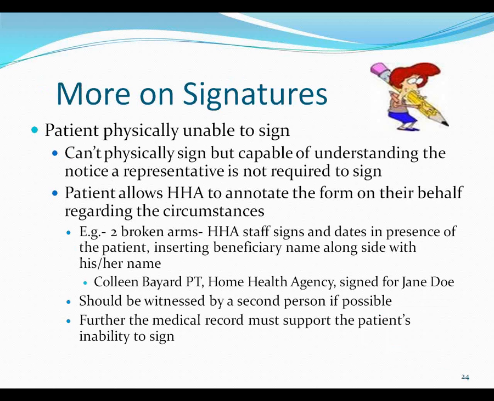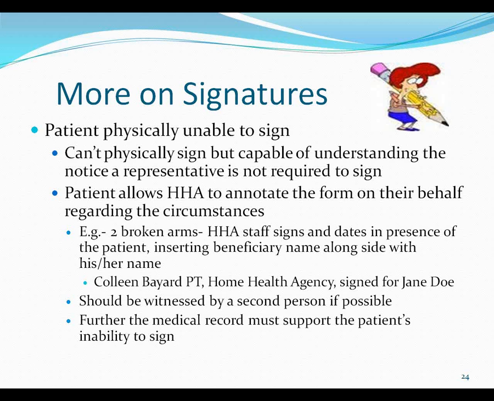If a patient is physically unable to sign, but they're capable of understanding, then you do not need a representative to sign the form. The patient is allowing the clinician to sign the form on their behalf, and the clinician would have to annotate that directly on the form.